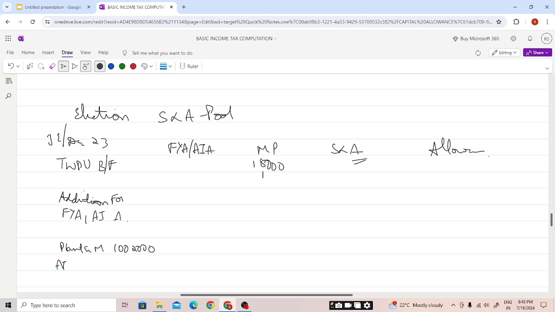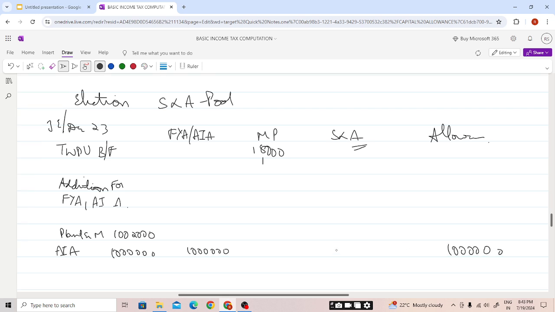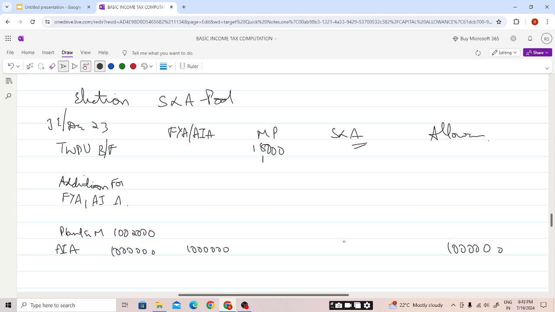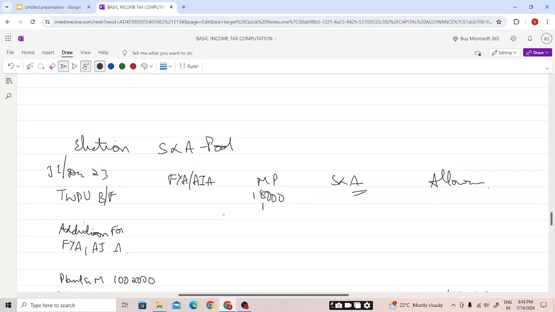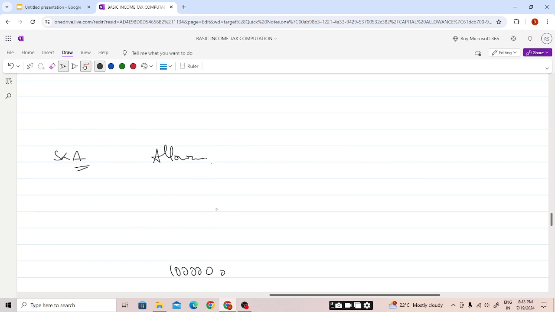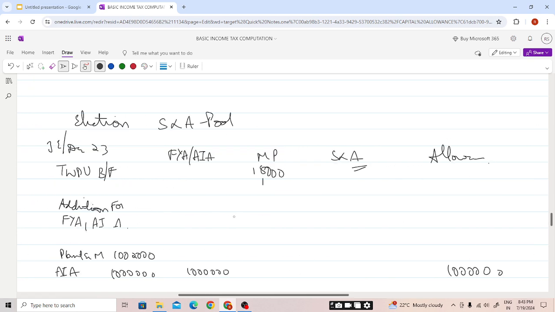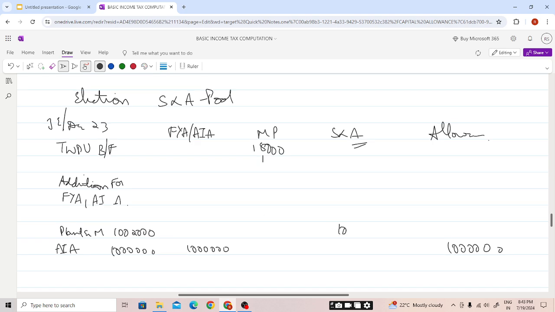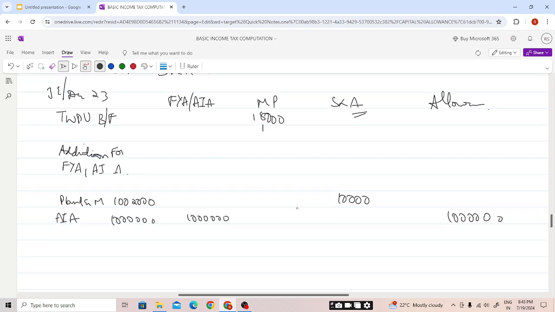So the AIA will be available only on this pool, that is 1 million pounds. But AIA is not available, students. And further plant and machinery costing 10,000, which is in the short life asset pool.